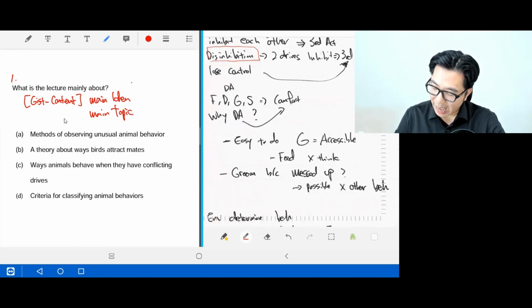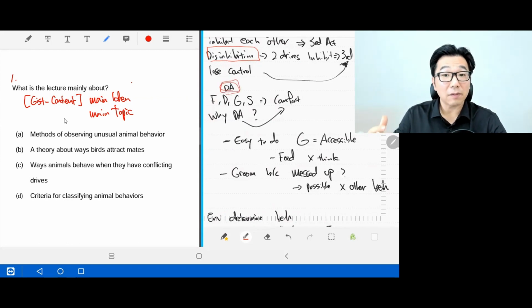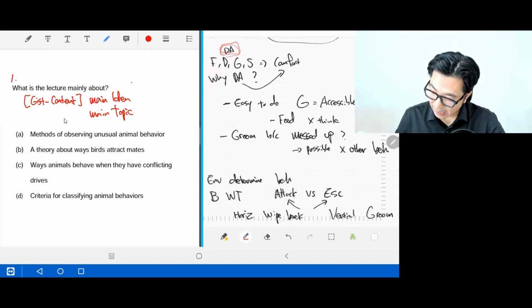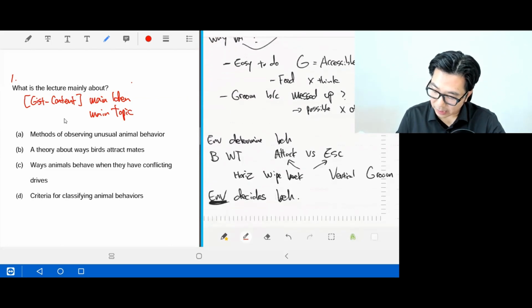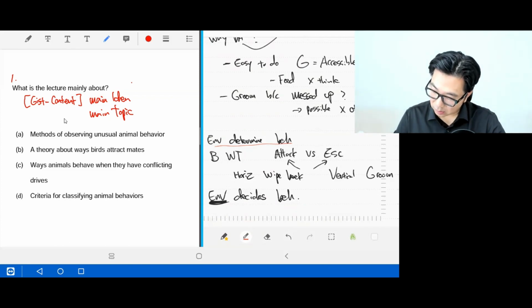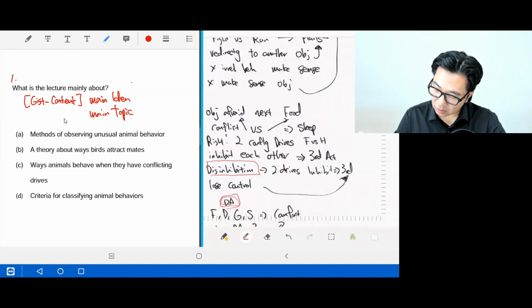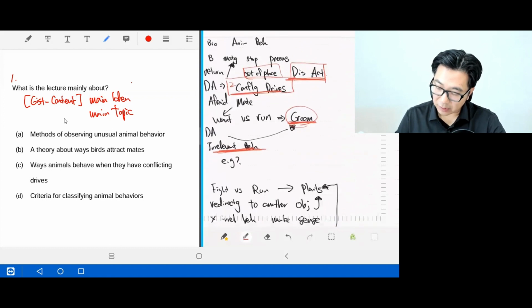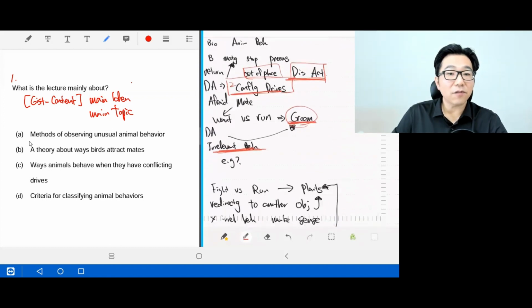And then professor asks the class, why so often displacement activities are comfort behaviors? So we keep talking about displacement activities. And then in the last paragraph, professor explains sometimes these displacement activities are determined by the environment the animal is in. So this whole passage is talking about displacement activity. Okay. So let's find the answer.